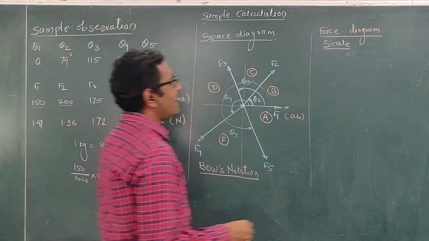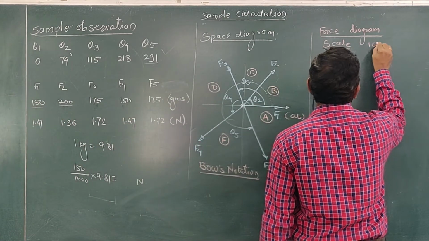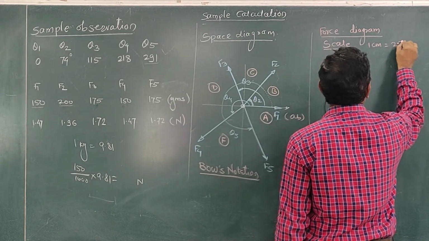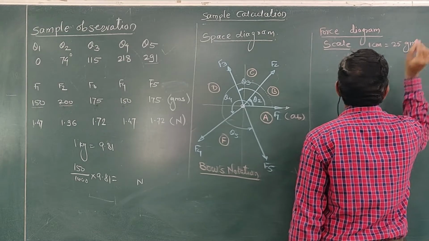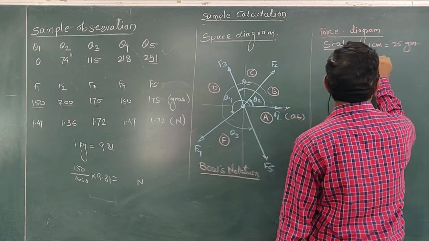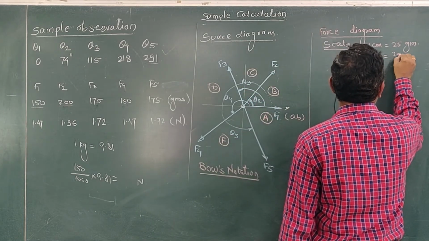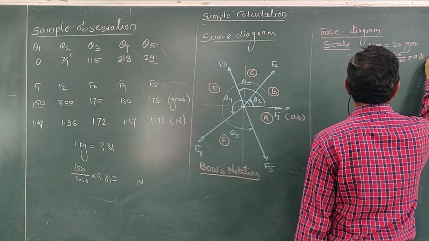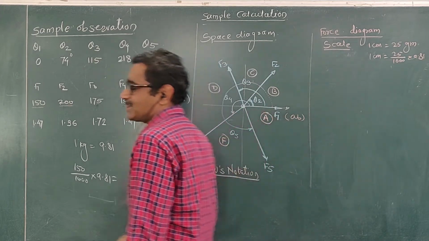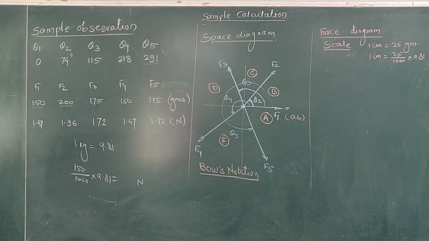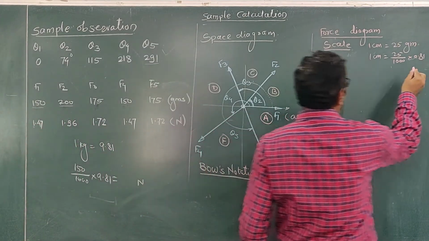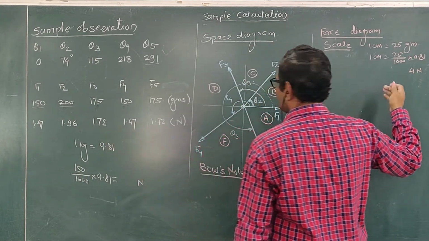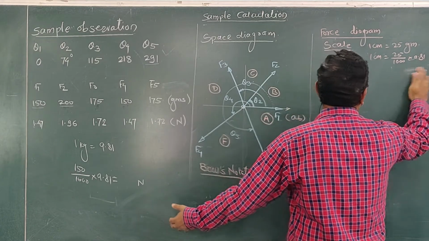According to that I will select the scale: 1 centimeter equal to 25 grams, or 1 centimeter equal to 25 upon 1000 into 9.81 Newton. The same scale I have converted into Newton. Or you can take 1 centimeter equal to approximately 4 Newton, or 1 centimeter equal to 2 Newton.